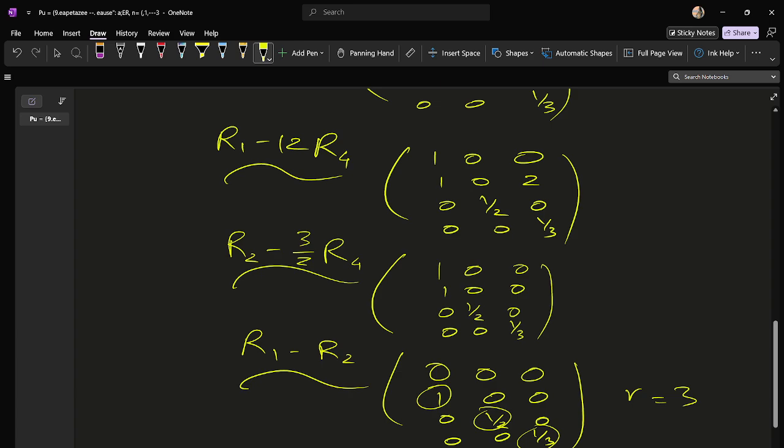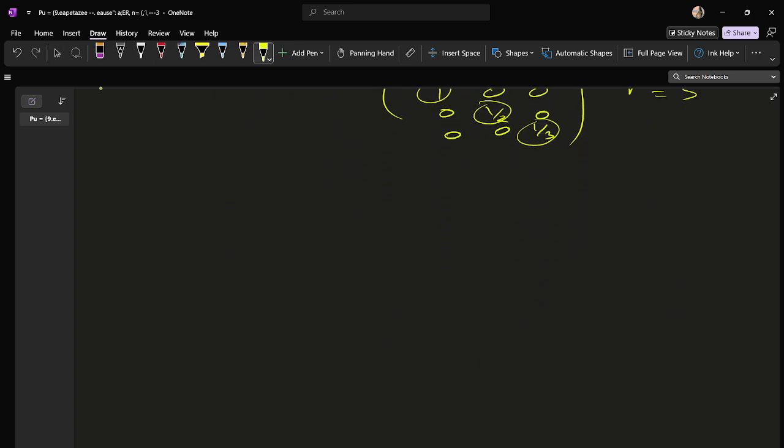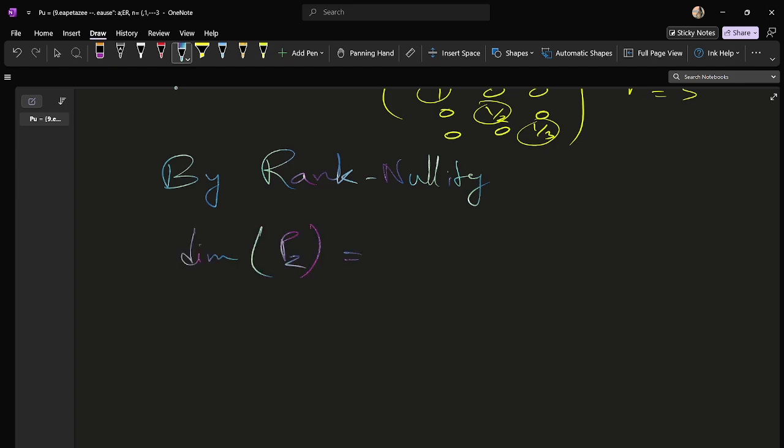Now I have to find the kernel. By the rank nullity theorem, the dimension of P2 is equal to the dimension of kernel of T plus the rank of T. Our rank of T is 3.